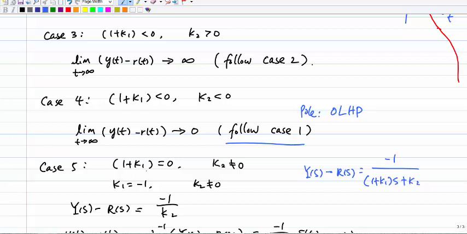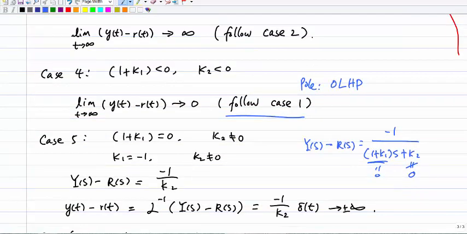So for case 5, you basically have 1 plus k1 equal to 0, but k2 is not 0. Apparently, I cannot have both be 0. If the s coefficient is 0, you're going to go to infinity for sure, right? In other words, I have k1 equal to negative 1, k2 not equal to 0 here. So Y(s) minus R(s) becomes negative 1 divided by k2.